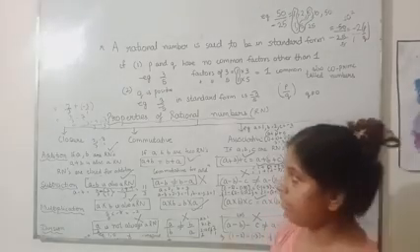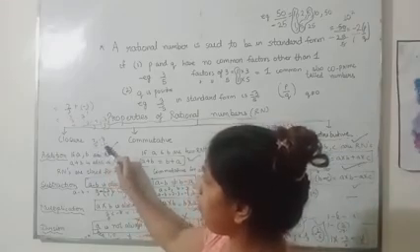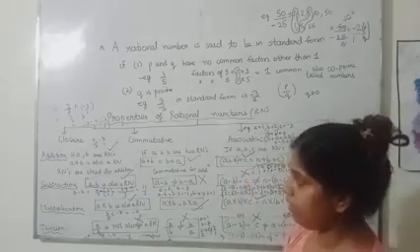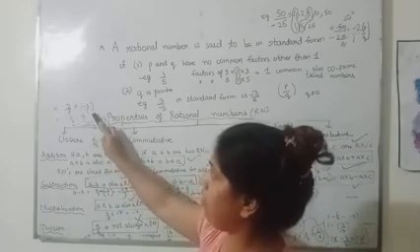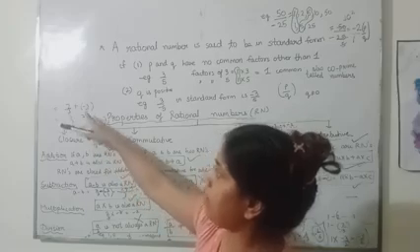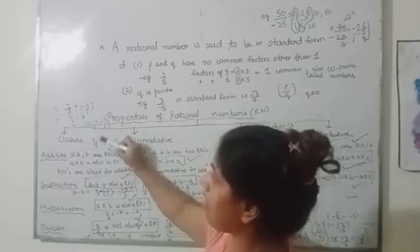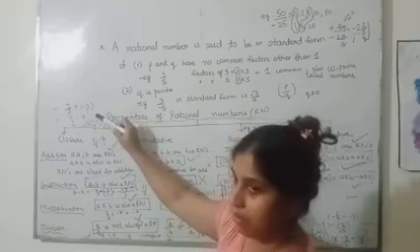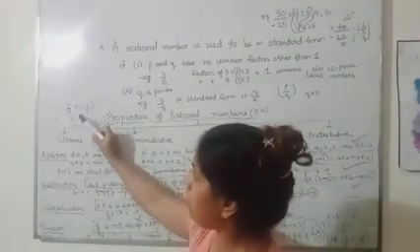For example, 2 upon 3 and minus 3 upon 1 both are rational numbers, right? If you add 2 by 3 plus minus 3 upon 1, what do you get? Whenever a number has a negative sign, always put it in the bracket. Then you open the bracket, plus minus becomes minus.